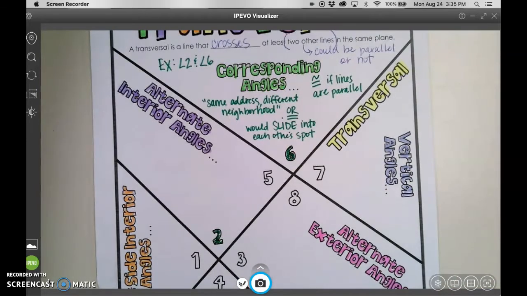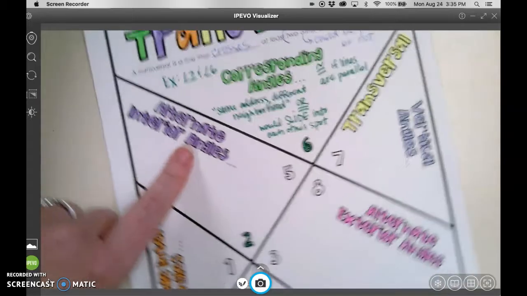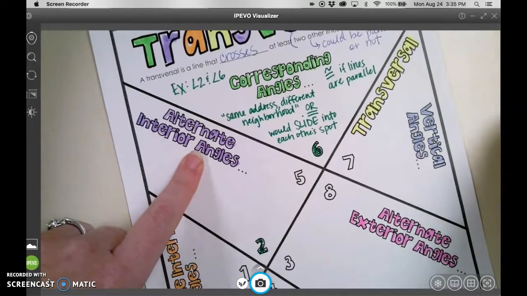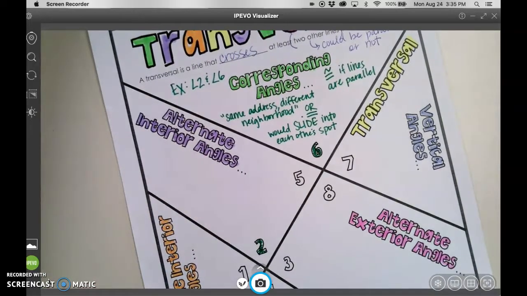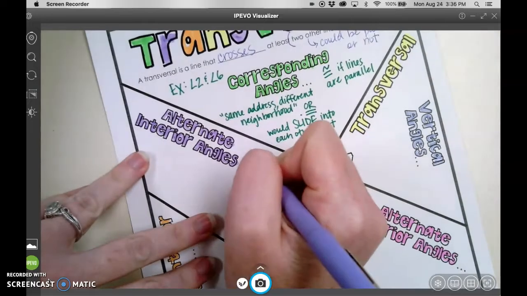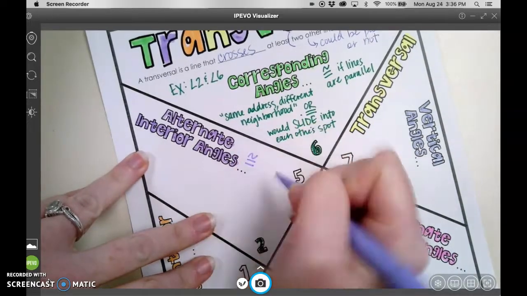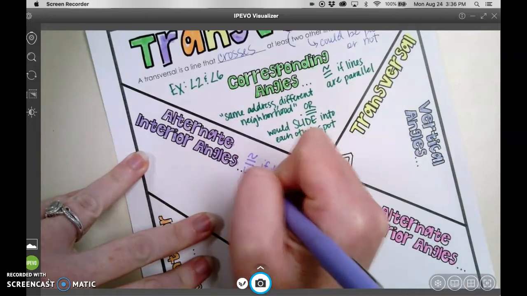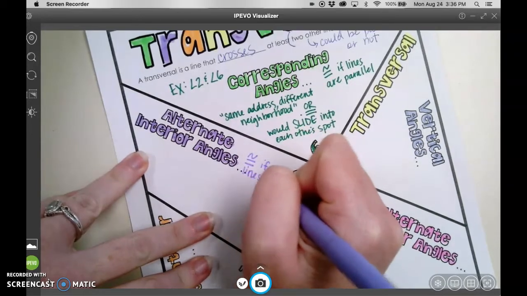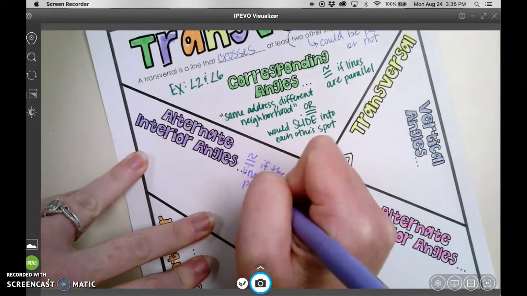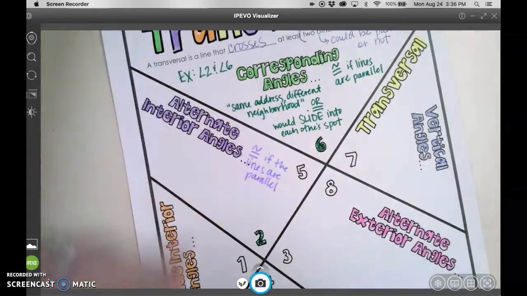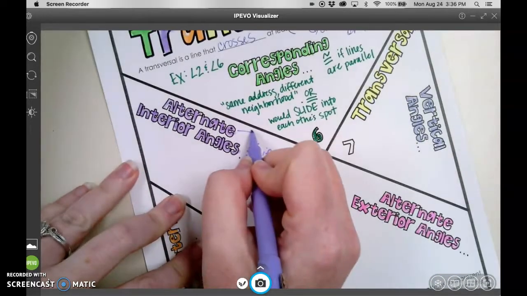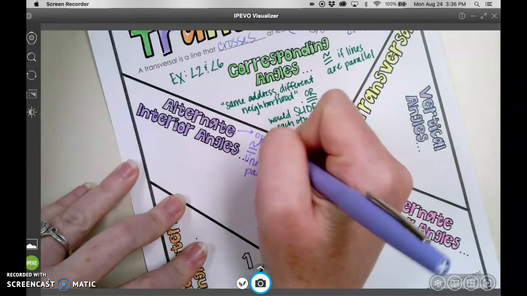After the corresponding angles, we have the alternate interior angles. Alternate interior angles are also going to be congruent if the lines are parallel. Alternate means that they're on opposite sides of the transversal.